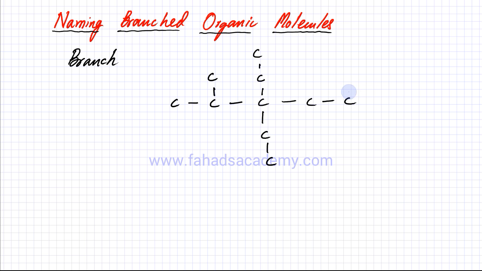This is going to have 3 hydrogen atoms. This is going to have 2 hydrogen atoms. This would have 2 hydrogen atoms. This has a total of 3 hydrogen atoms, and this has a total of 2 hydrogen atoms.